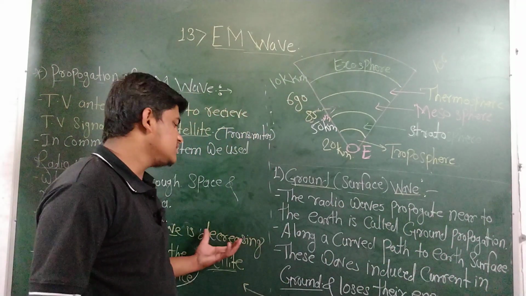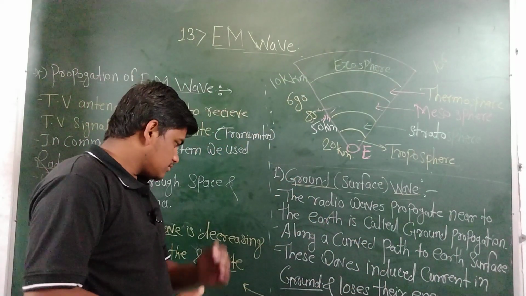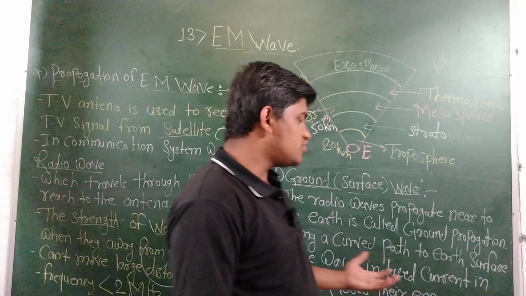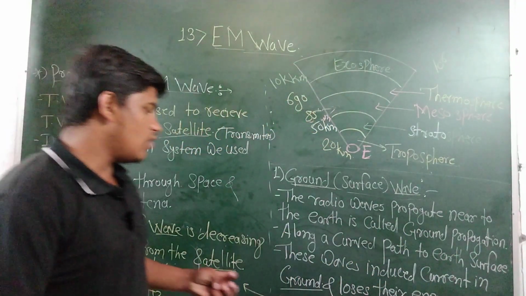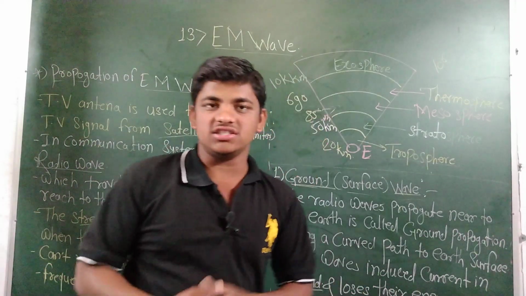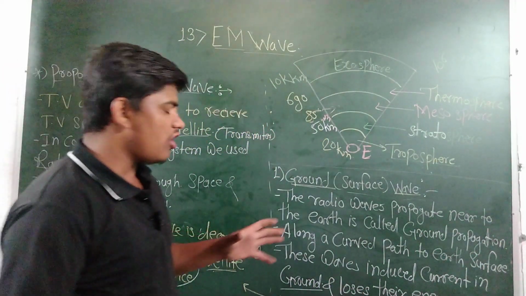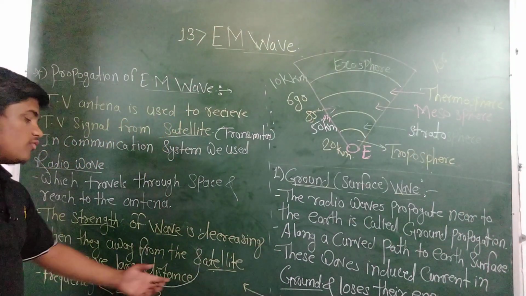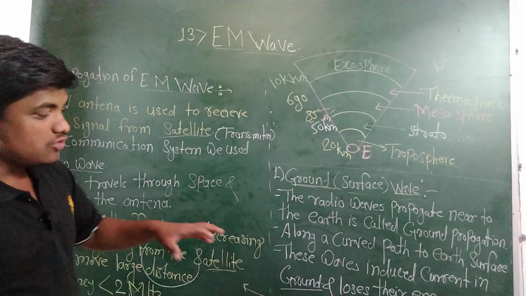The path is along a curved path, because the earth's surface is curved. These waves induce some current in the ground and lose energy, so the signal can't move a large distance because it loses energy.